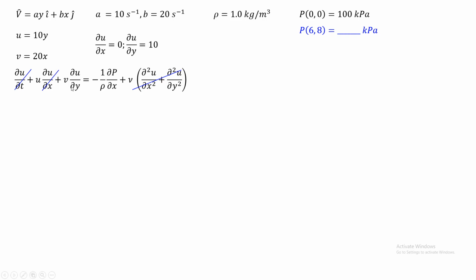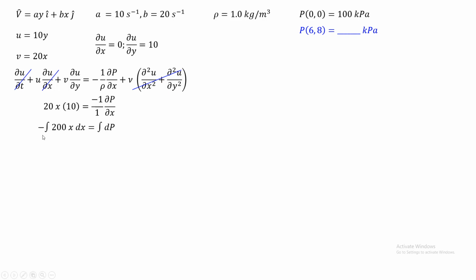Let's substitute the values of these two terms: instead of v we'll substitute 20x, and instead of dou u by dou y we'll have 10, and we have 1 by 1, and dou p by dou x we don't know, right? We'll just keep it as it is, and consider that p is a function of only x, and we'll convert that into dp by dx and bring that dx to the left hand side. So we'll have one side in terms of x and the other side in terms of p.